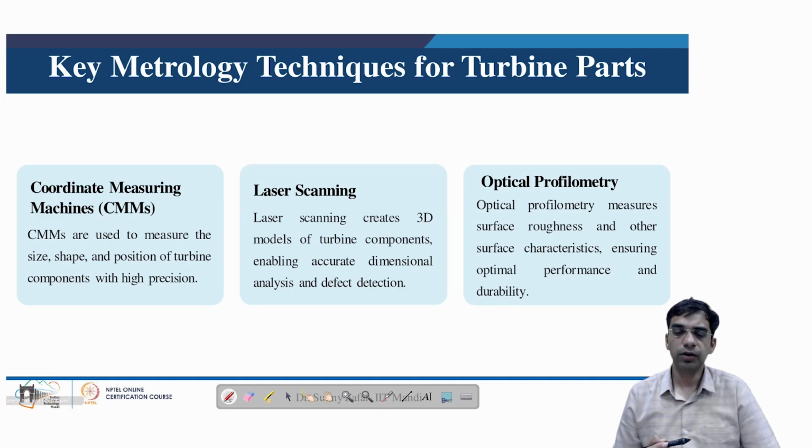The third important metrology technique which is widely used in modern turbines is optical profilometry. Optical profilometry measures surface roughness and other surface characteristics, ensuring optimal performance and durability of the turbine and its components.